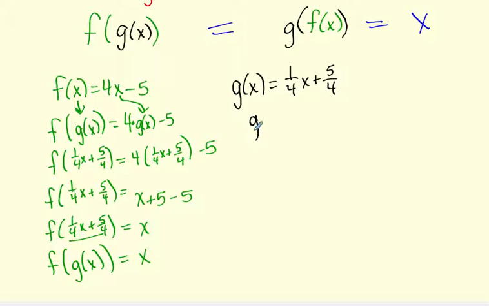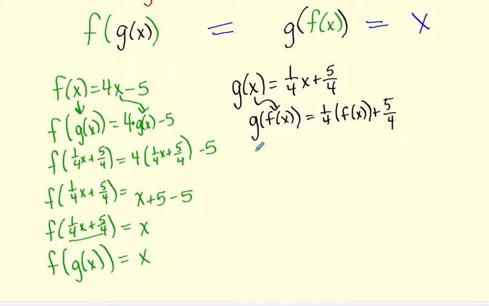So I want to do g of f of x on this side. Again, this x was replaced by f of x, so this x has to be replaced by f of x, plus the 5/4.